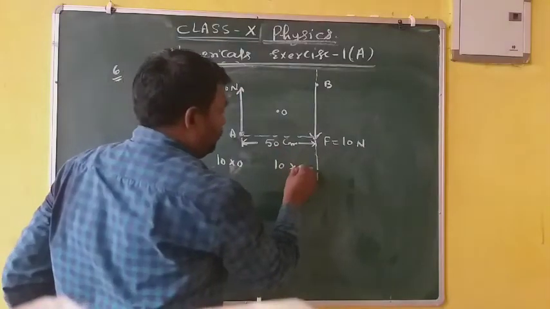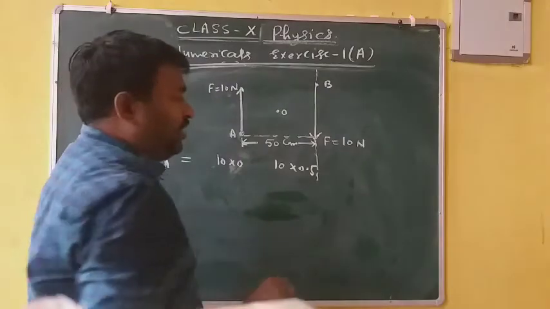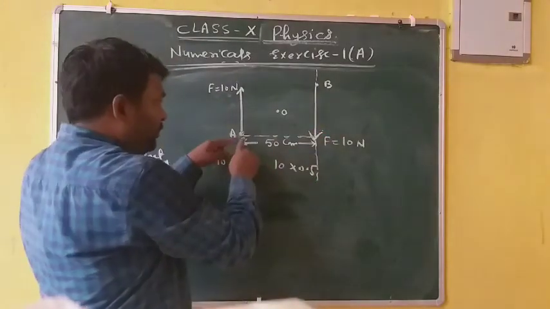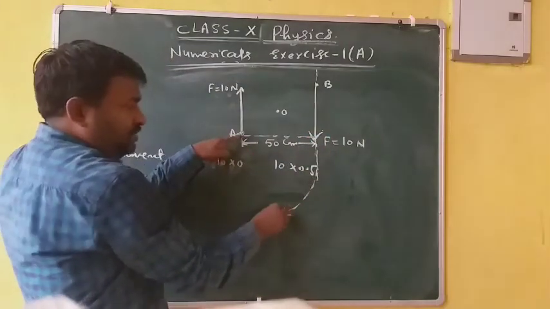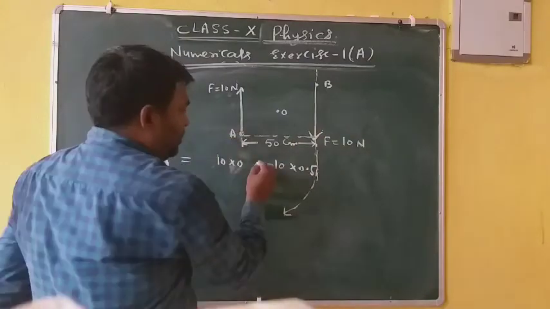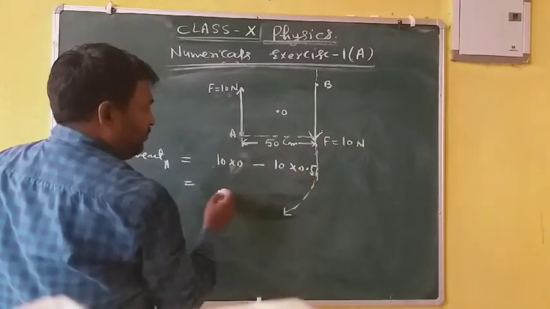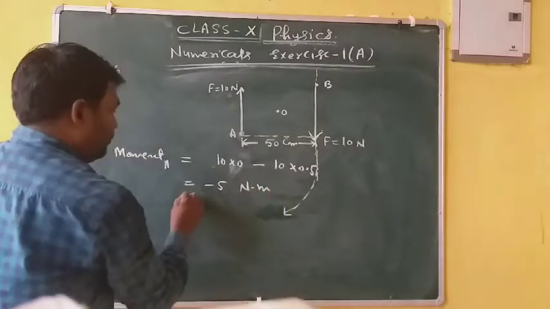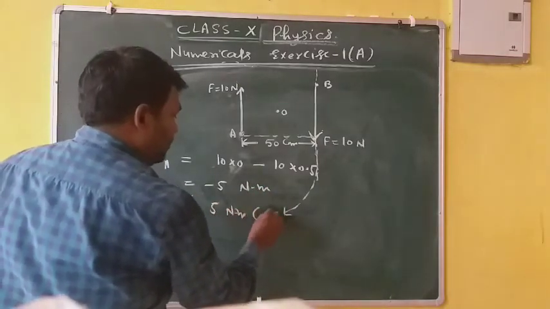So into 0.5 meter. For clockwise or anti-clockwise, just see, it is in downward direction. So about this point A, it will try to rotate this body in clockwise direction. That's why it is taken as negative. So this is 0 minus 5, meaning minus 5 Newton meter, or in other words 5 Newton meter clockwise.